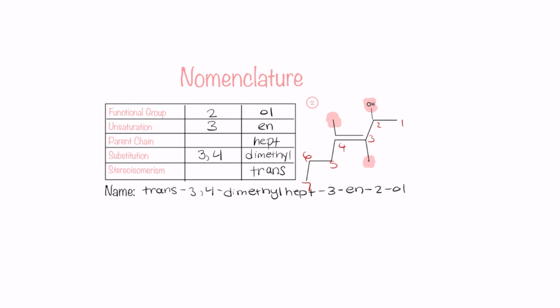That's a really long name, and sometimes that's going to happen for you. So now notice here how we have the dash in between numbers and letters, as we do here. But in between numbers and numbers, we put a comma. So that's a new rule for you. Whenever you got 2 numbers, you got to put a comma. And so that's how we name this structure.